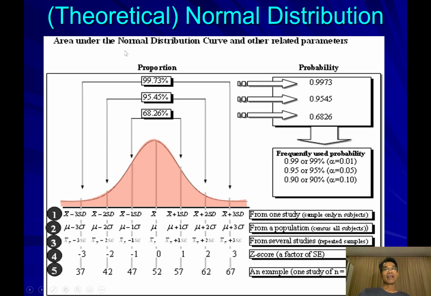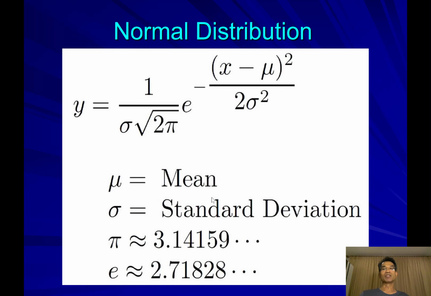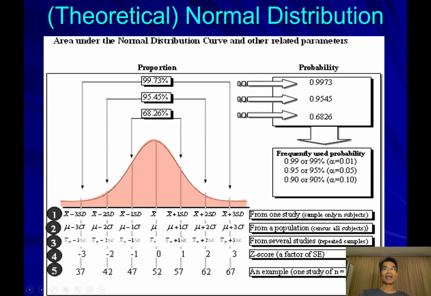So I put here the area under the normal distribution curve in 5 rows. As I said, the normal distribution has its own properties where we substitute the number of y here, and it shows that in the middle it is the X bar, or the mean.